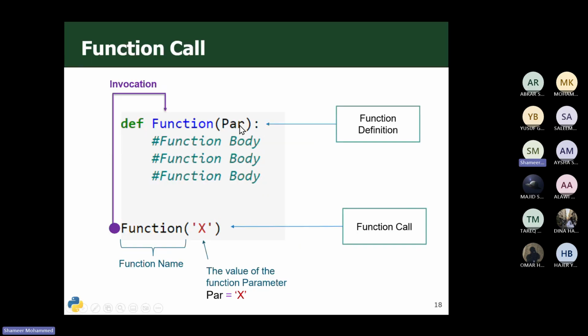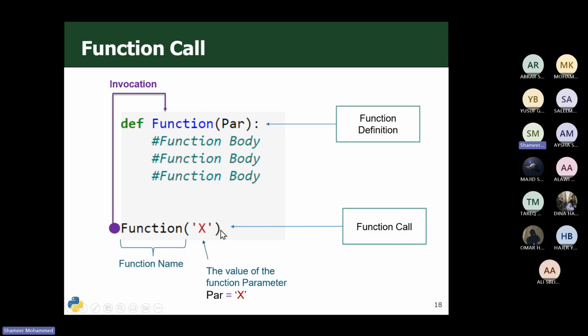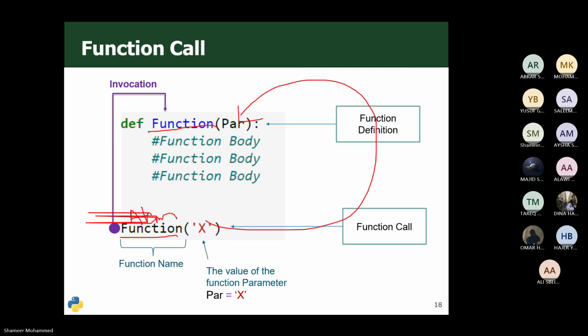See parameters. Here what you are doing, you are calling. So this X value will go and store here. Understand? This X value will go and store here. So this is the name of the function. So you can say any name here, like Alavi, you can say here. Here also, you need to have the same name, Alavi.